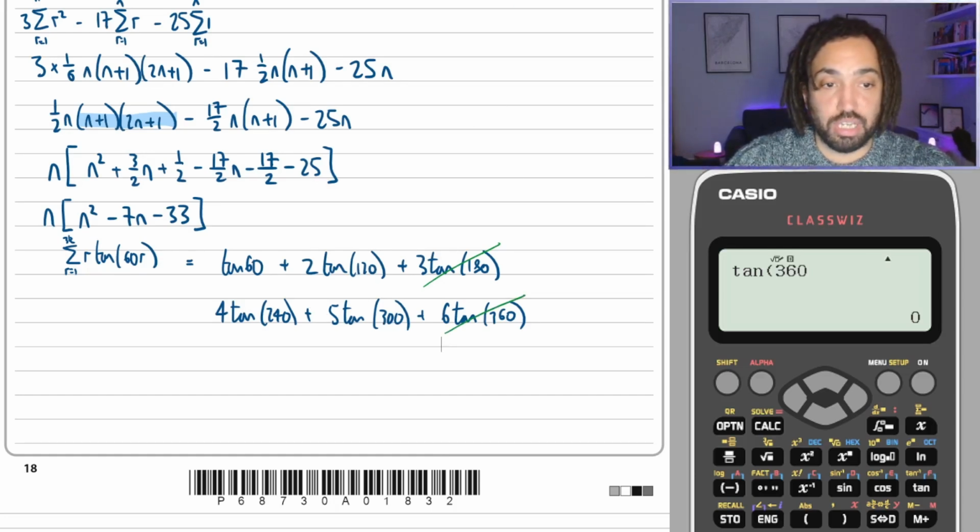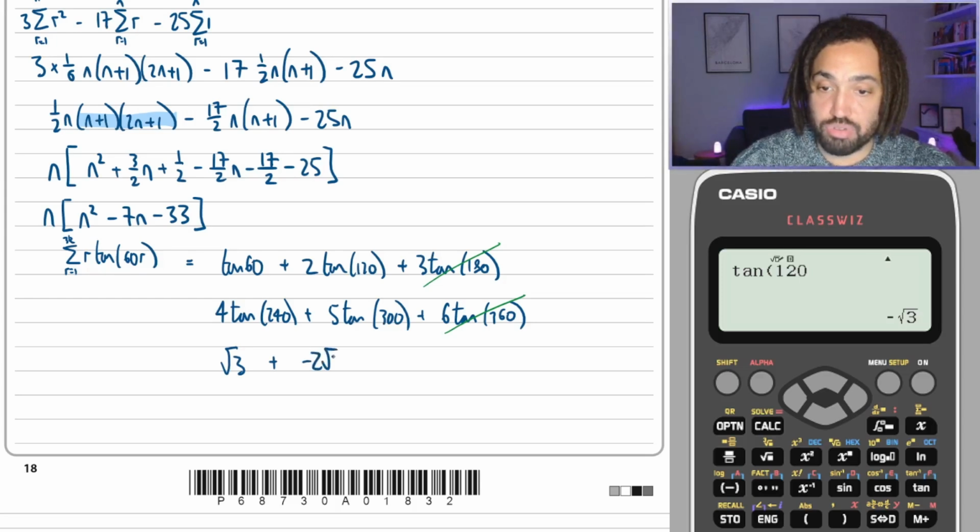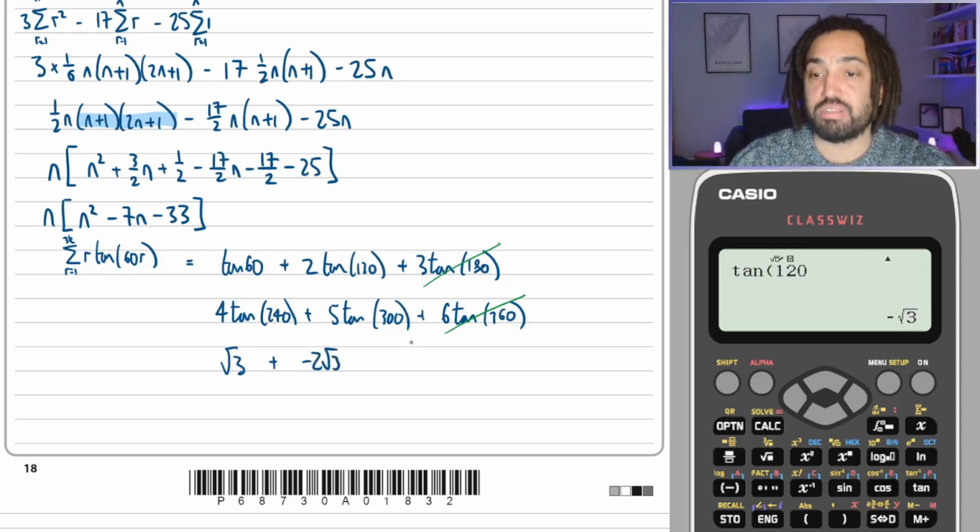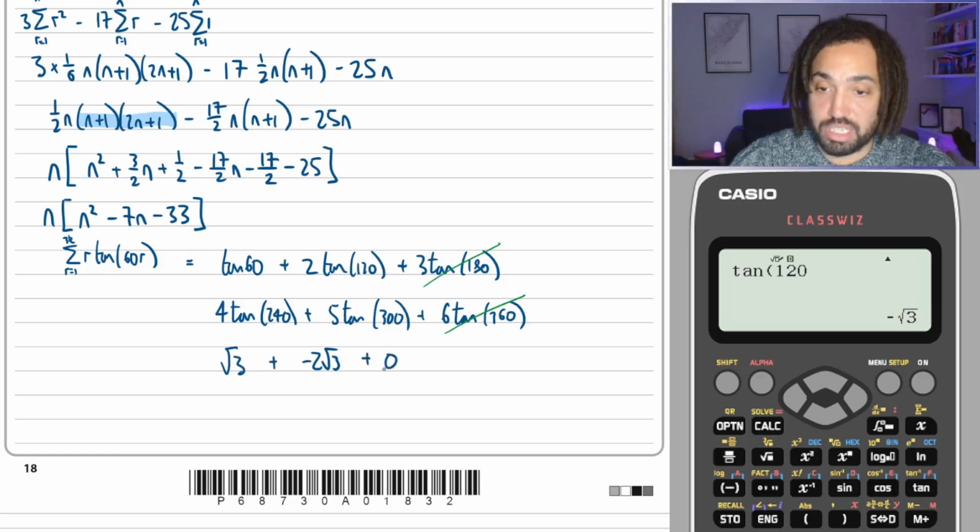The first term, tan of 60, is equal to root 3. So we're going to get root 3. And then tan of 120, we can see is minus root 3. So we're going to get minus 2 root 3. Okay, and then this one was 0.